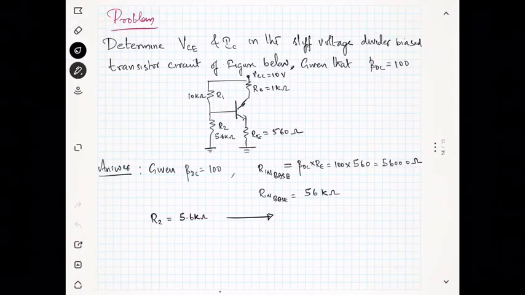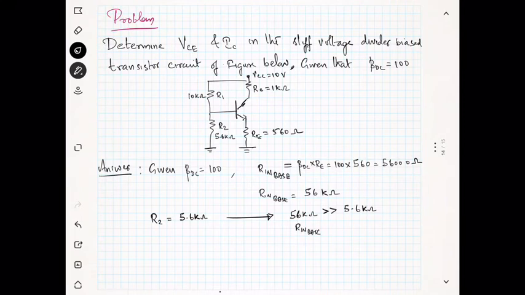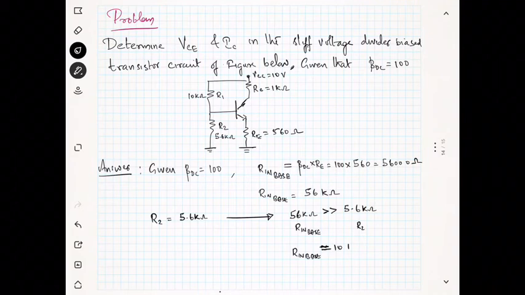You can see this condition is met because 56 kilo ohm, R in base, is much greater than 5.6 kilo ohm, R2, or we can say R in base is at least 10 times R2.